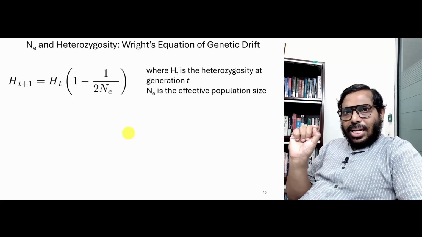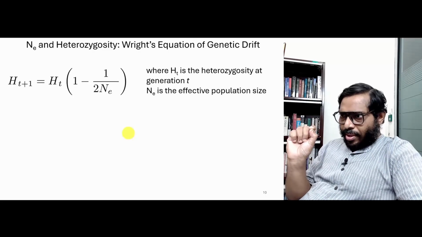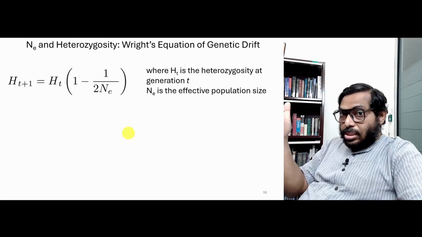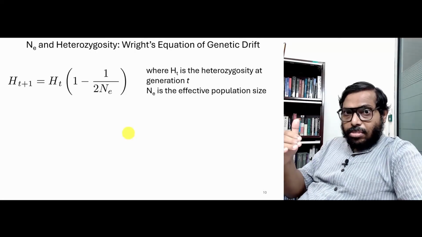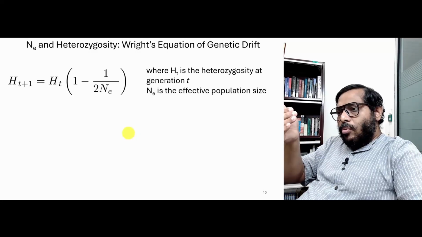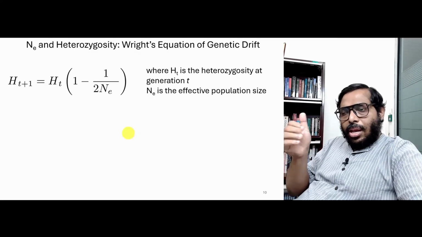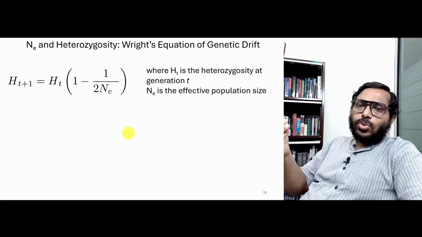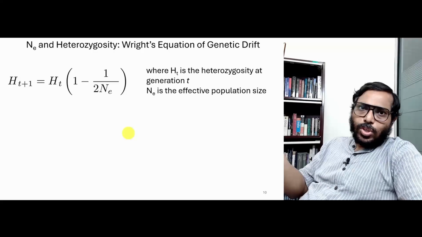The larger the value of Ne, the smaller will be 1 by 2Ne, because Ne is in the denominator. This 1 minus 1 by 2Ne is going to be larger, right. I mean, 1 minus 1 by 2Ne will always obviously lie between 0 and 1.